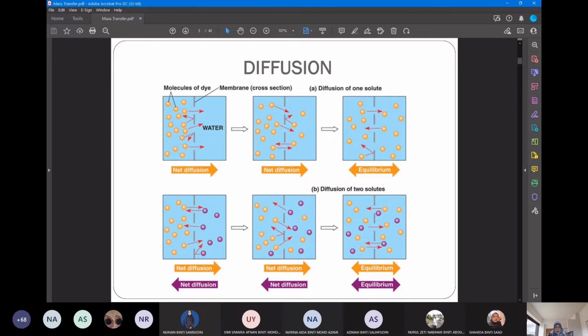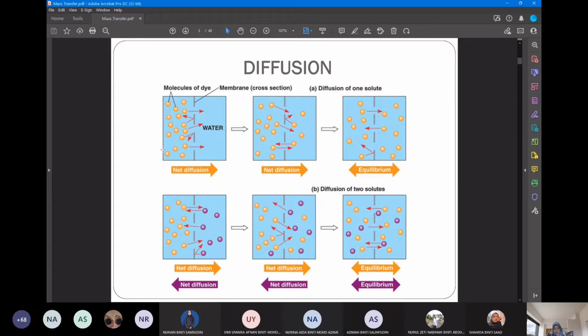So when you would like to explain, if you're given one component, that is easy. You just mention the yellow component or orange component here. The component that you're talking about, you refer to how you define the movement of that particular component from one place to another place. And then you can explain why it happened, and in what direction.